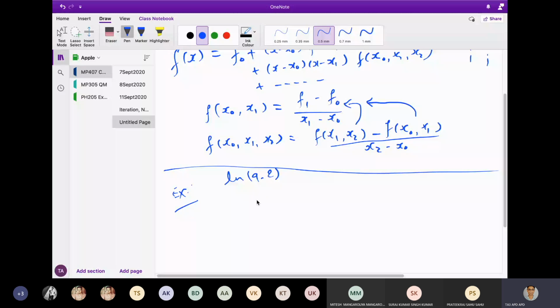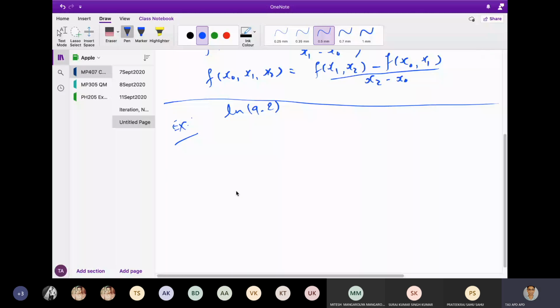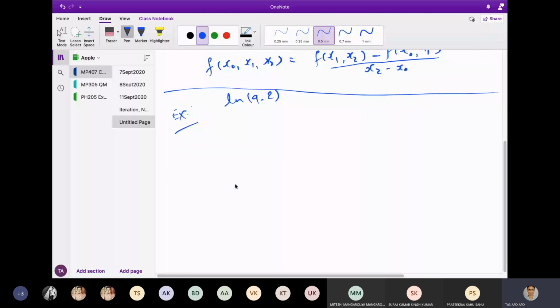So for that, I should make something table like.